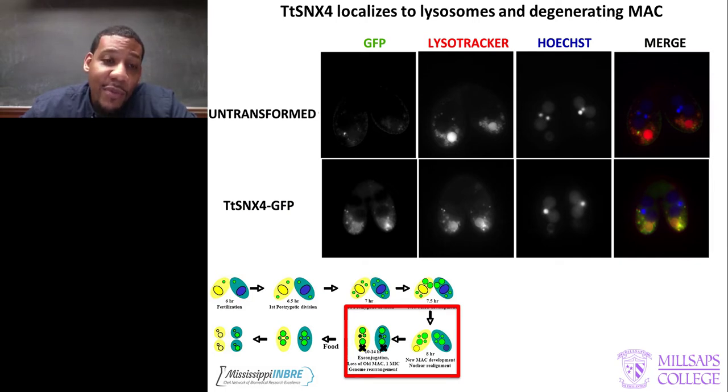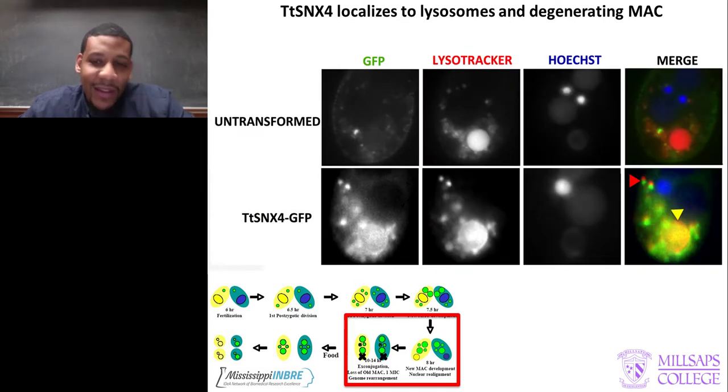When we look at where Tetrahymena SNX4, the GFP-tagged version of Tetrahymena SNX4, is at this time in Tetrahymena mating, here's what we see. We see that in the first panel, Tetrahymena SNX4 is labeling that nucleus in the back. That's the same nucleus that's LysoTracker positive, and we know it's a nucleus because it's also Hoechst positive.